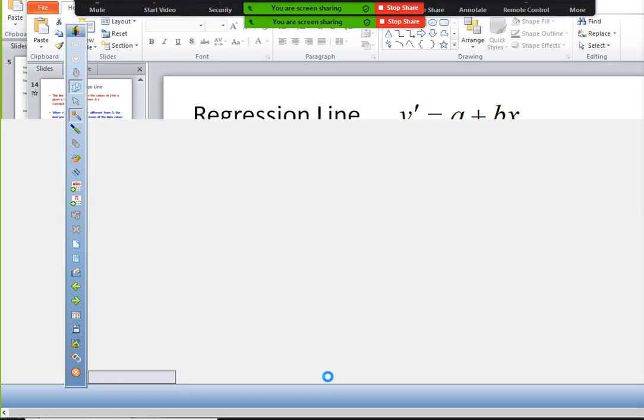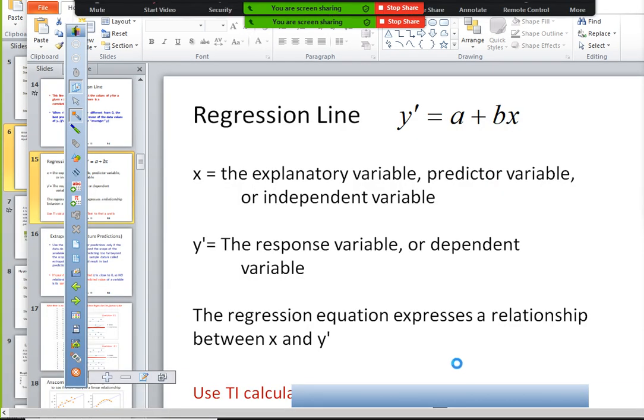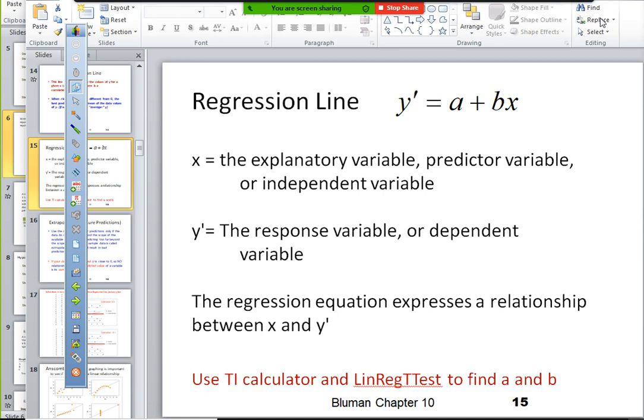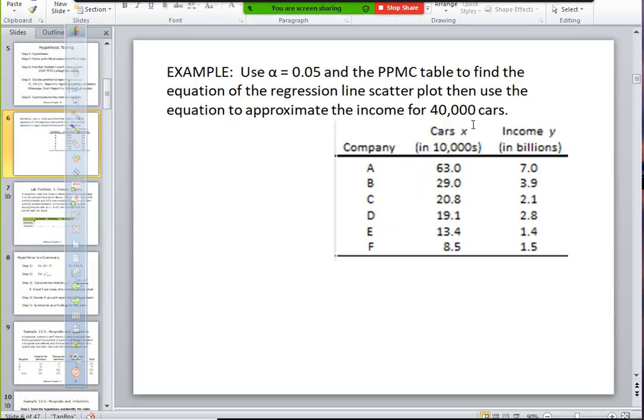You use your TI calculator and LinReg t-test to get it. And if it's not a good predictor, then you just use Y bar. So you'll get something that will ask you to predict. You have to look and say, oh, 40,000 cars, is cars X or Y? Okay, that's my X. So I'll put that in for my X, and I'll figure out what my Y is.